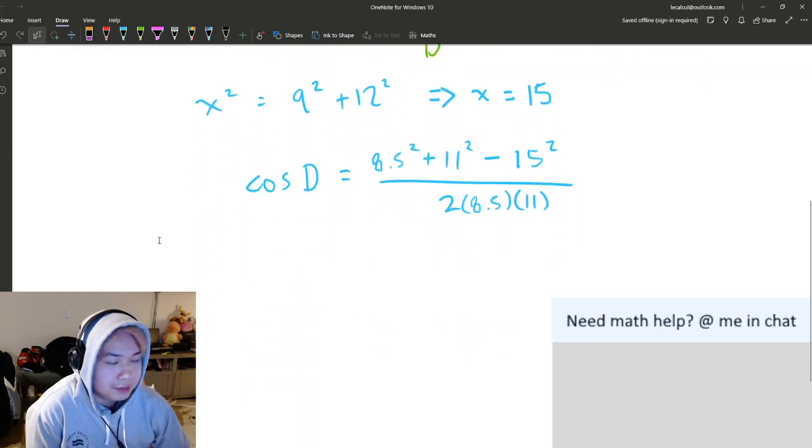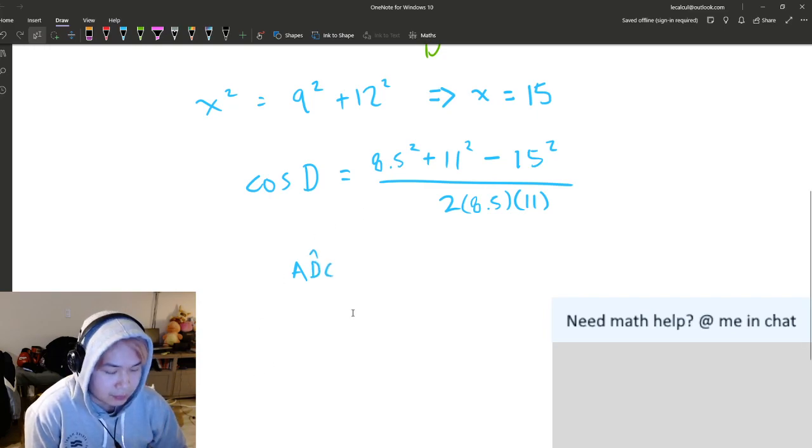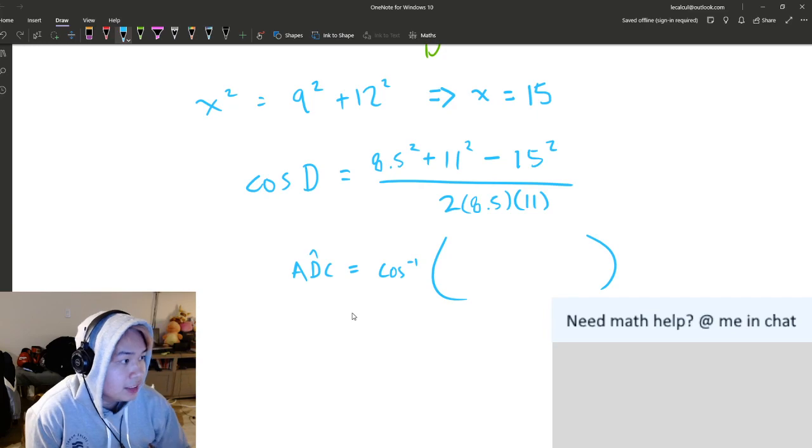Pretty straightforward, and then of course we'll take the inverse cosine because we do want angle D. I guess technically it's ADC. So we'll take the inverse cosine of all of this stuff.